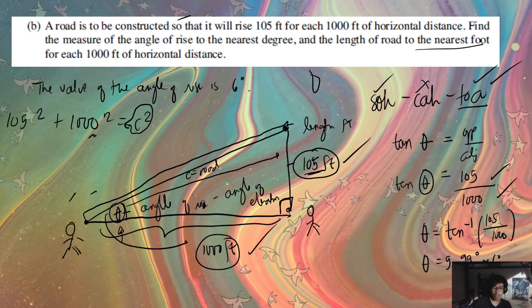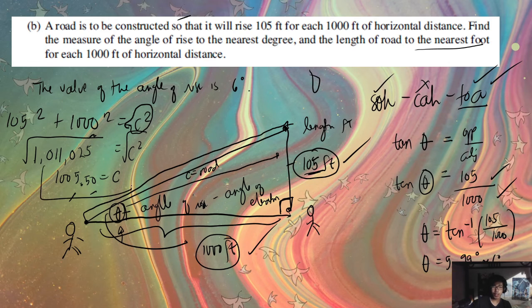This is 1,011,025. We have to take the square root of this very big number in order to find the value of c. The square root of 1,011,025 is around 1005.50.